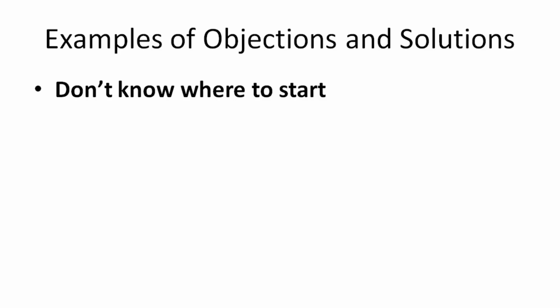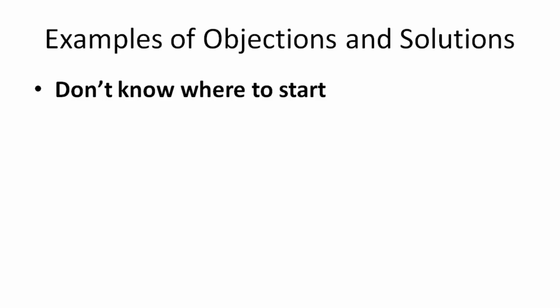Examples of objections and solutions. I don't know where to start. So in the back of their mind, they're thinking, okay, this is all great information, but is your video course or your software or whatever going to be really super easy? So obviously that goes back to your product, to make sure that your product can fit newbies, intermediates, and advanced.